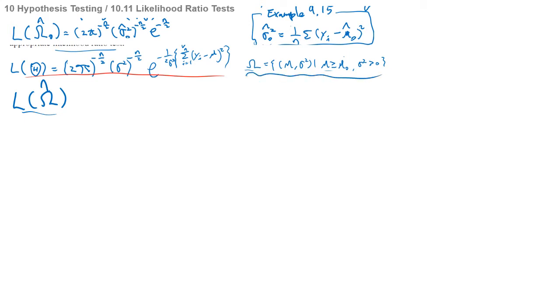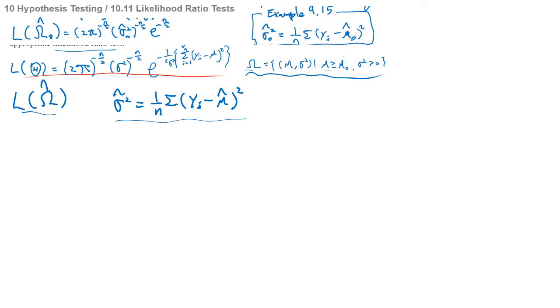Again, for sigma square hat, using a similar proof as in example 9.15, you get the MLE estimator as 1 over n sum of (yi minus mu hat) squared. This should be the MLE for sigma square hat. And what about mu?